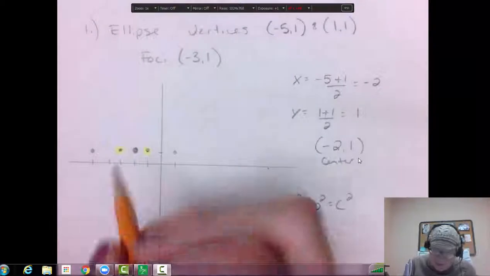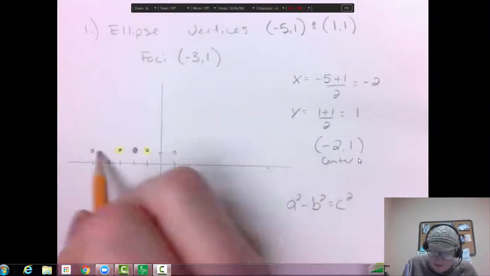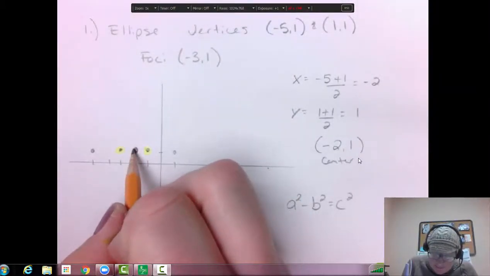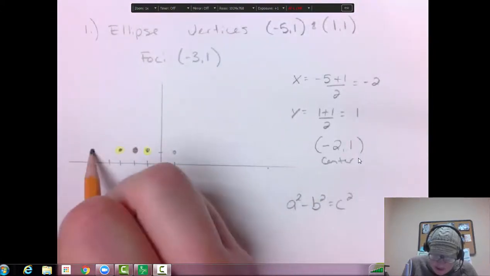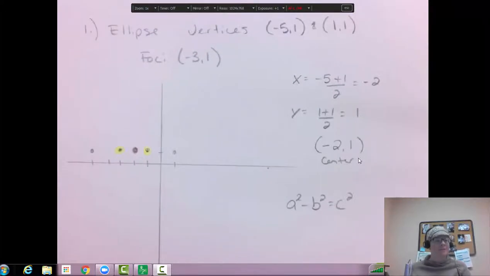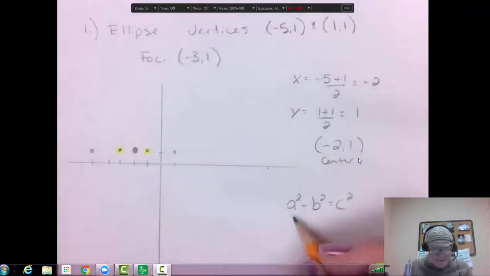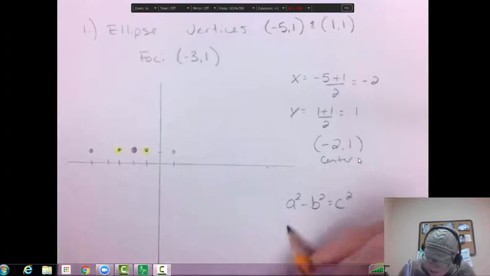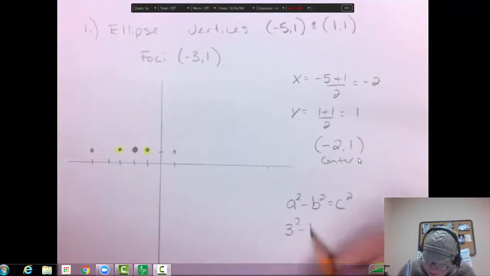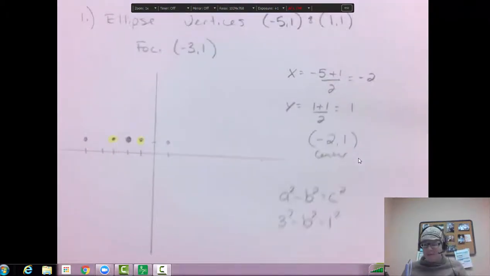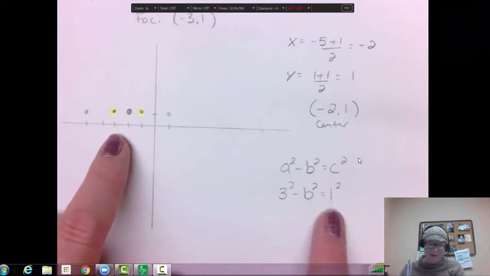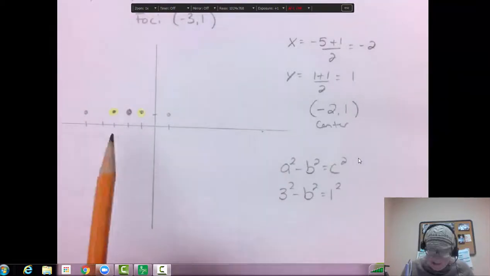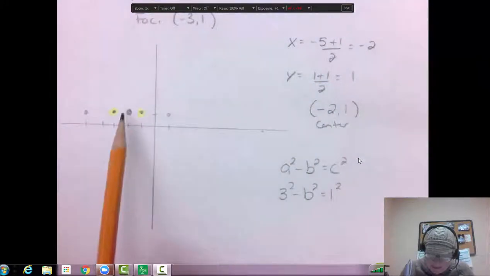Our major axis, with the vertices, is 1, 2, 3 away from the center, so a is also going to be 3. So what do we know? We know we have 3 squared, we do not know b squared, and c is going to be 1. We look at those distances from the graph to find our 3 and our 1, or you could count them without a graph, but I like the visual.